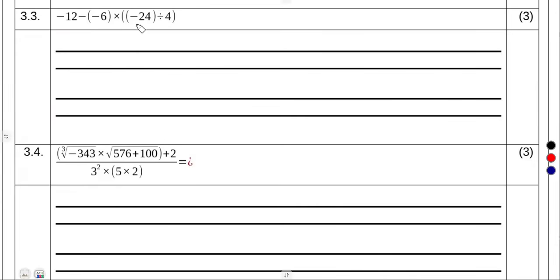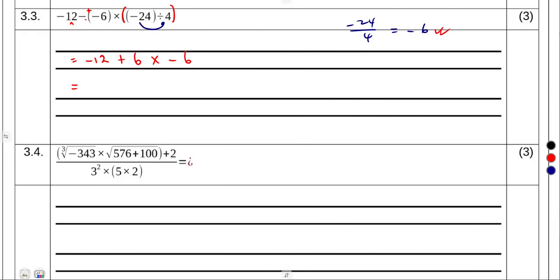Again, here there is a bracket. Consider this bracket. So what is inside? It's negative 24 divided by 4 inside, negative 24 over 4, which is going to give us negative 6. So it simply means we had negative 12 minus minus, that's a plus, so that's plus 6, all right, times, remember this bracket is the one that we are working on, so we divided and obtained a negative 6 like this, all right?